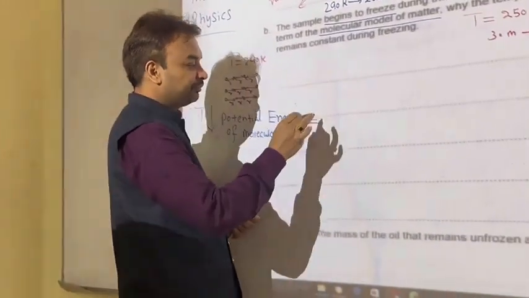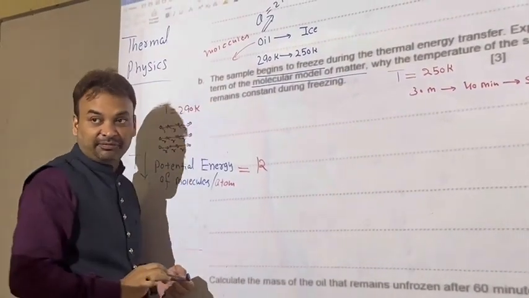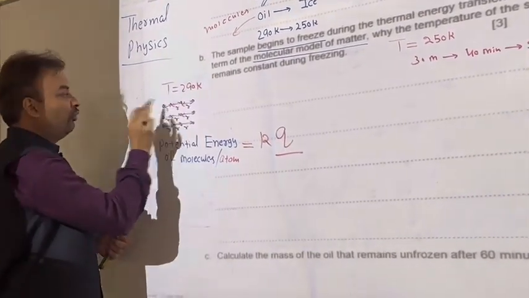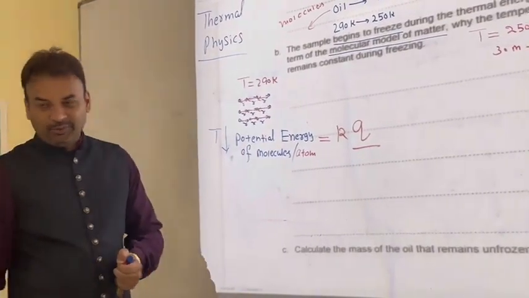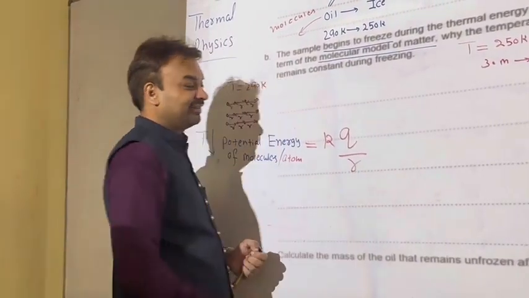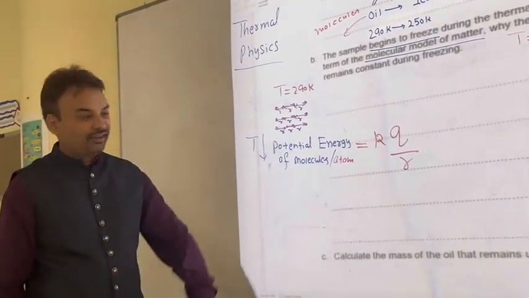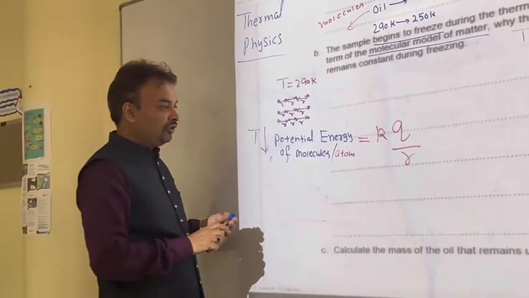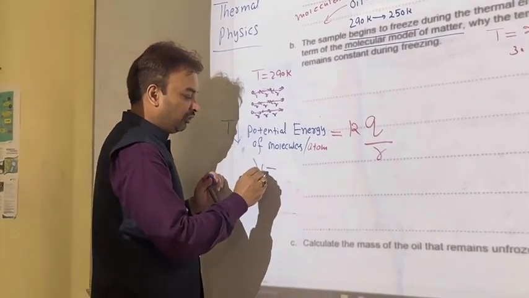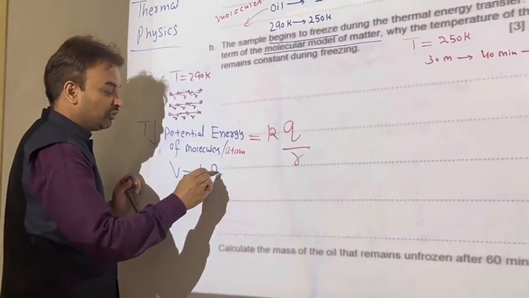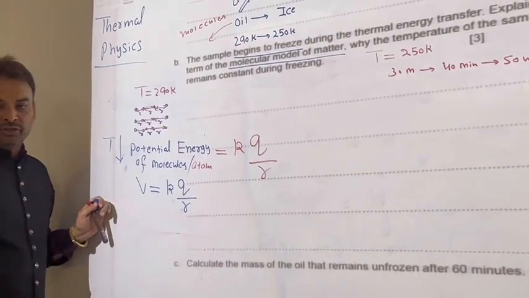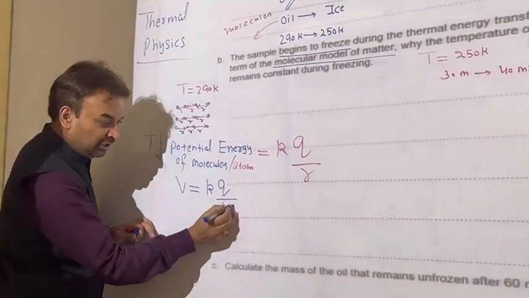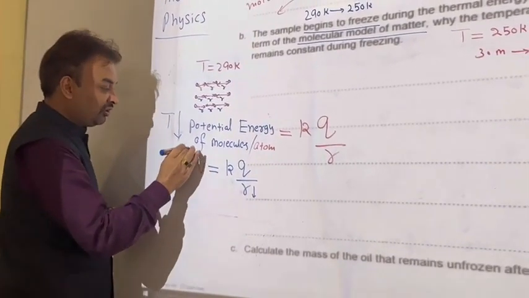We will use some constant K, and the charge on these molecules, Q, divided by R. This is the formula you have to keep in mind, the formula for potential energy. So we can write the potential energy of molecules V equal to K Q by R, where K is a constant, Q is the charge, and R is the separation. You see, R is reducing. When R is decreasing, the potential energy has to increase.